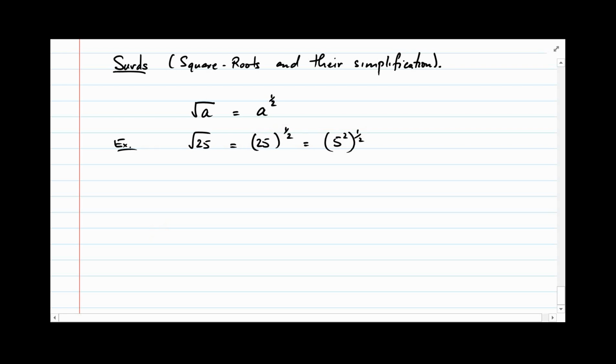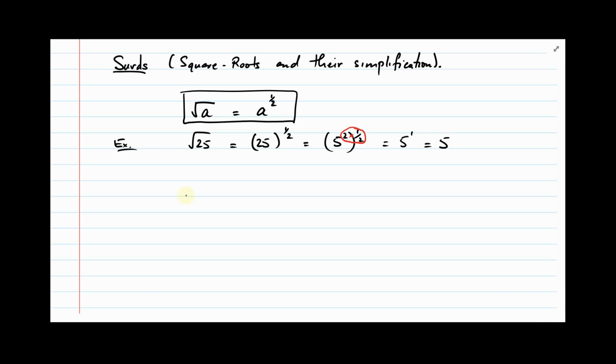So if I now use my rules of indices, my power rule, I would multiply these powers together, and I would end up getting 5 to the 1st, or simply 5. Yes, it might seem a long way to end up with my answer, but at least you're understanding that this fractional representation of my square root is true.